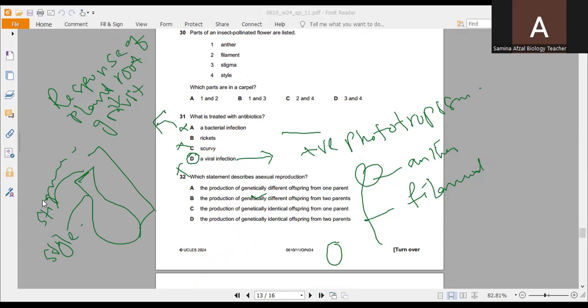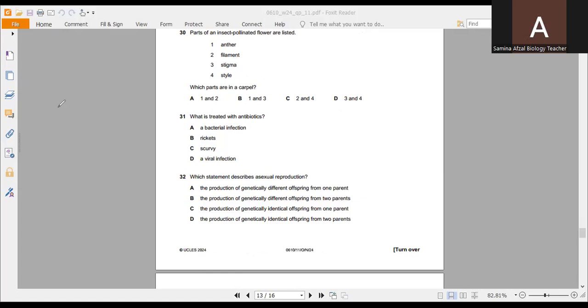Next question is question number 31. What is treated with antibiotics? Only a bacterial infection can be treated with antibiotics. Rickets is caused due to the deficiency of vitamin D. Scurvy is produced as a result of deficiency of vitamin C, and a viral infection is caused by a virus.